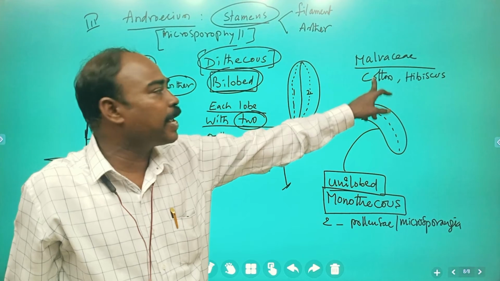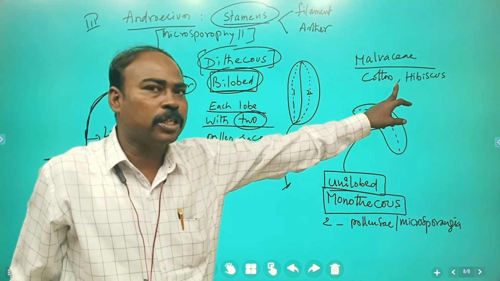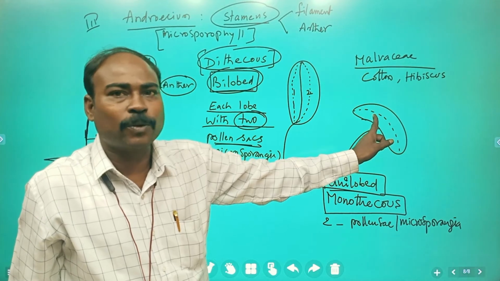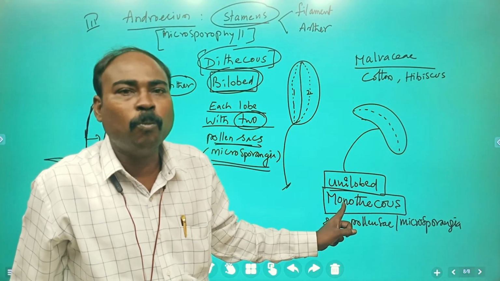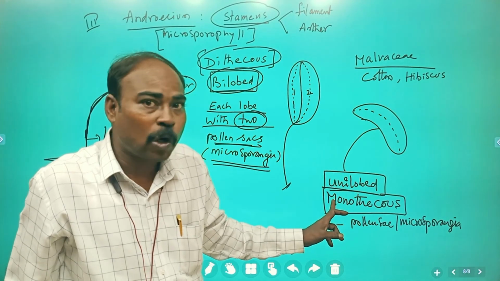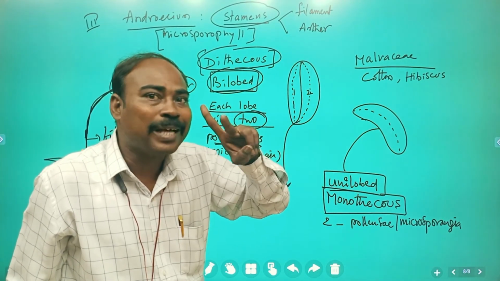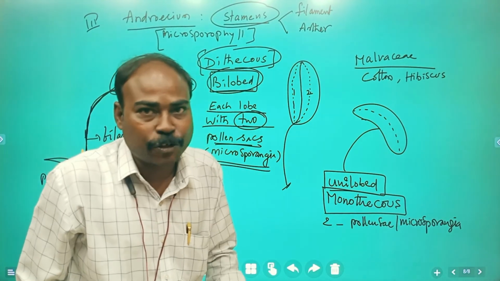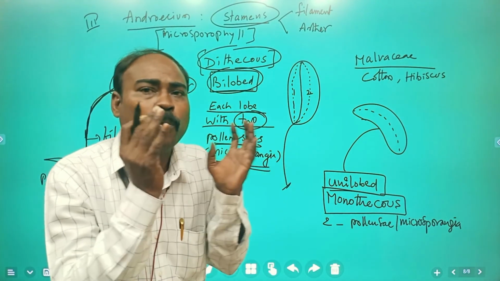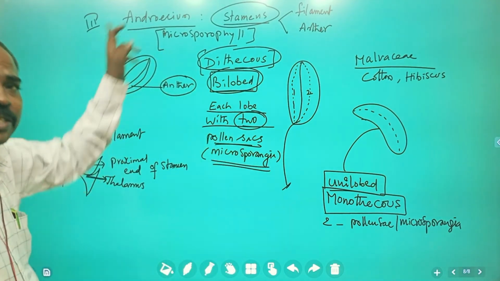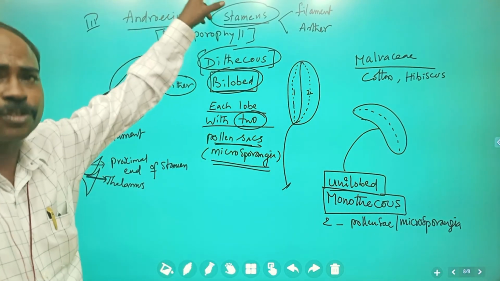In Malvaceae, that is cotton and hibiscus, the reniform or kidney-shaped anther is found, which is monothecous, that is unilobed. But in a unilobed or monothecous anther, there are two chambers, that is pollen sacs or microsporangia. The total modified leaf is called microsporophyll or stamen.